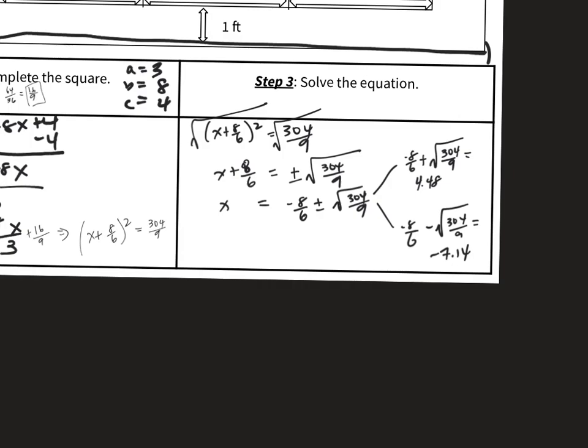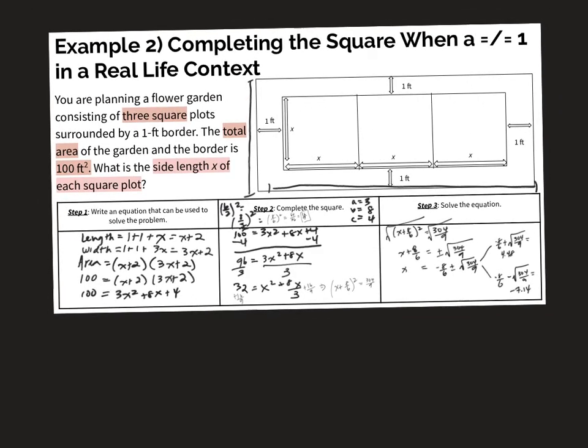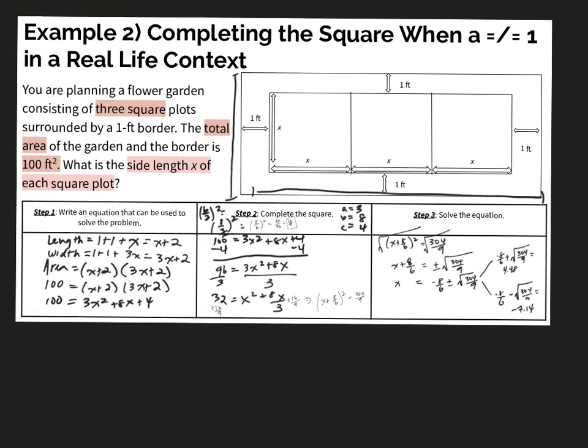Now, when we don't have a real-world context, right, when we're solving quadratics, we end up with two answers, but we want to just think about what this answer really means, right? And so when we look back to what the question was actually asking us, it was asking us to find the side length x of each square plot. So when we found a value for x, it's going to represent a side length. We want to think about what kind of numbers can side lengths be.